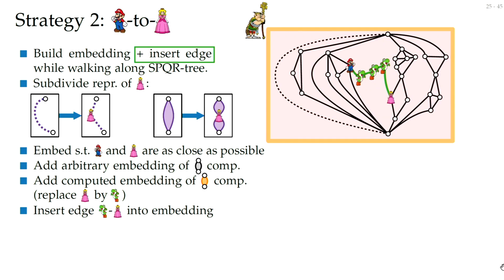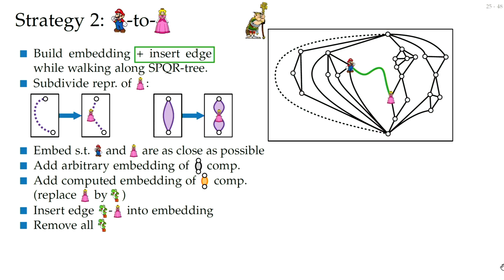And on the way, we've already produced our path from Mario to Peach. And to get the edge, we just throw away the Yoshis, let them fall into the abyss, and we have the optimum edge.